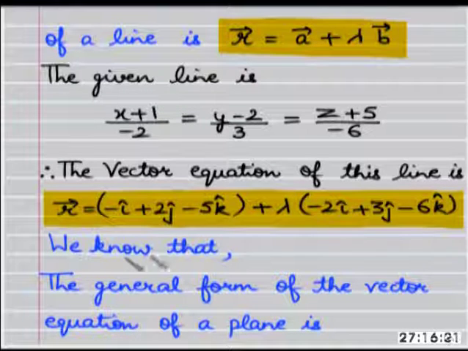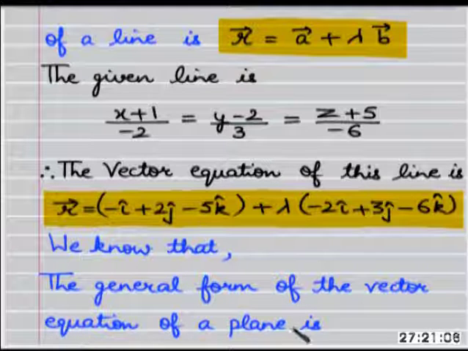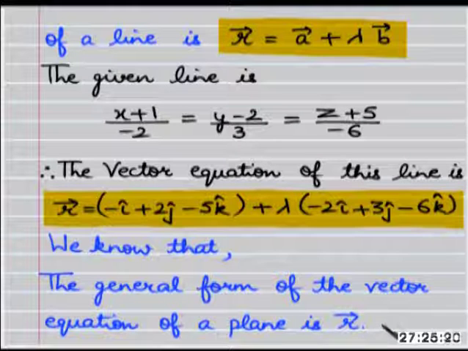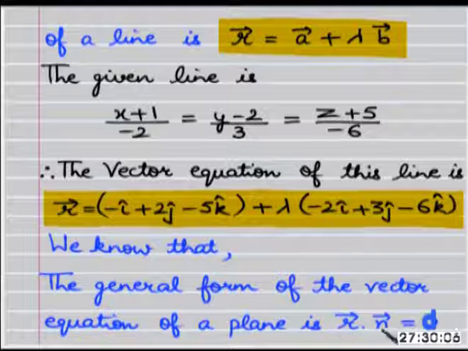Also, we know that the general form of the vector equation of a plane is vector r dot vector n is equal to d.